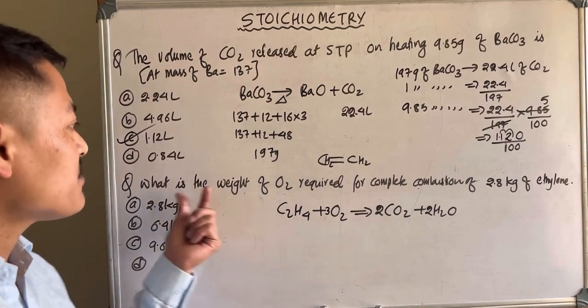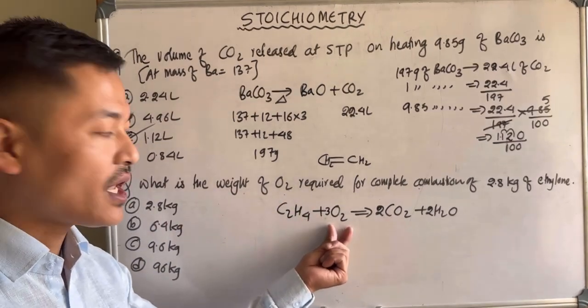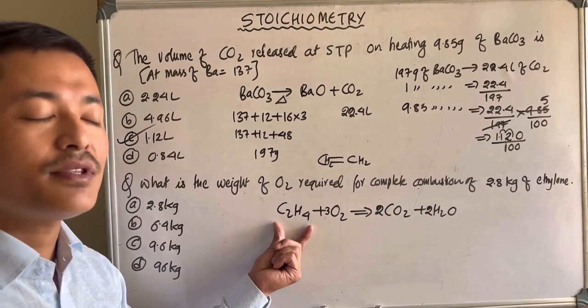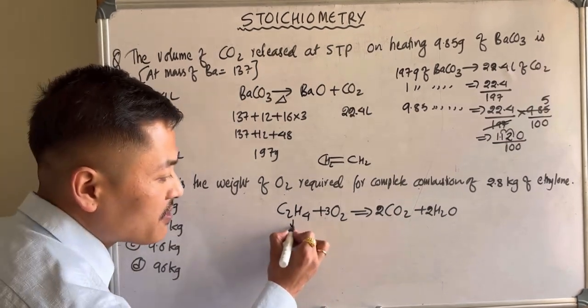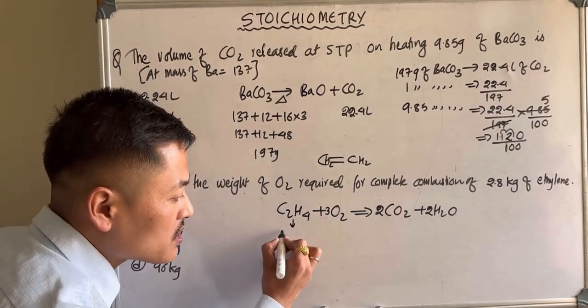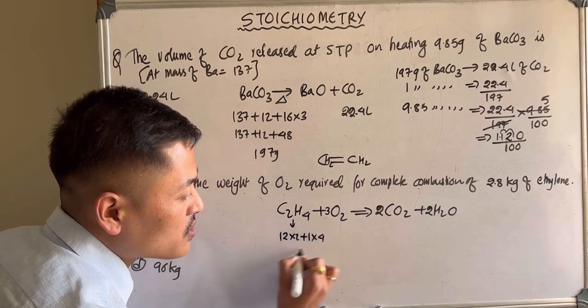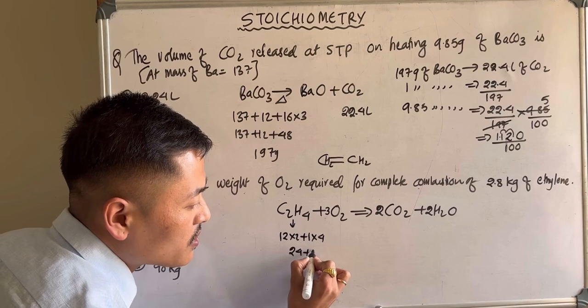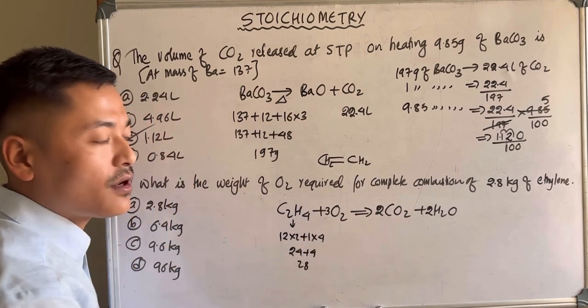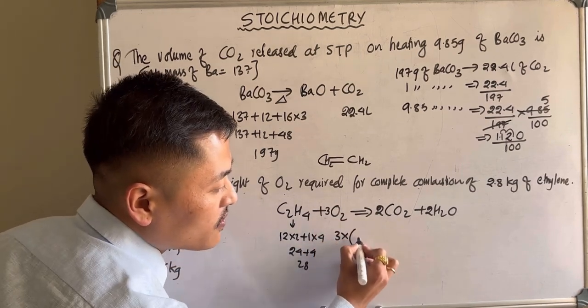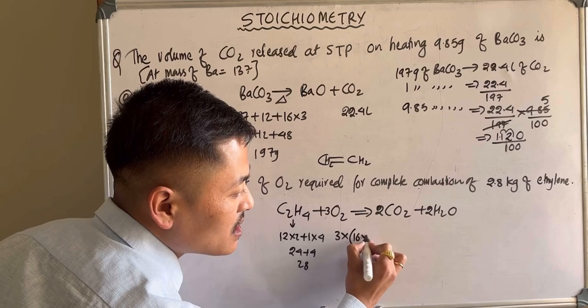Now you have to find out the weight of oxygen, and the weight of ethylene is given, that is why you have to find out the atomic mass. So see, for C2H4 it is 12 into 2 plus 1 into 4, so 24 plus 4, that is 28. And for oxygen, 3 into 16 into 2.